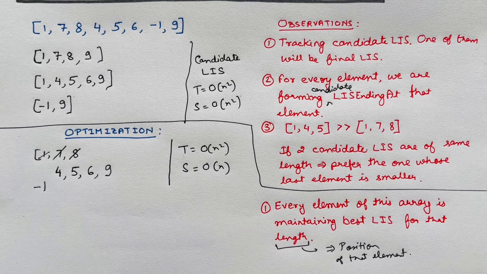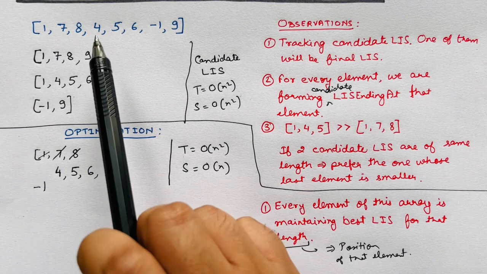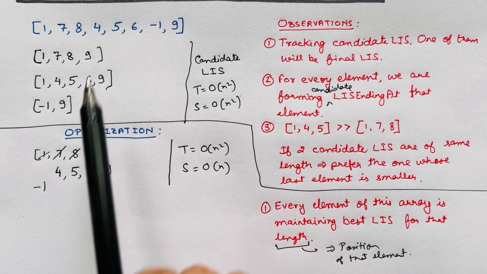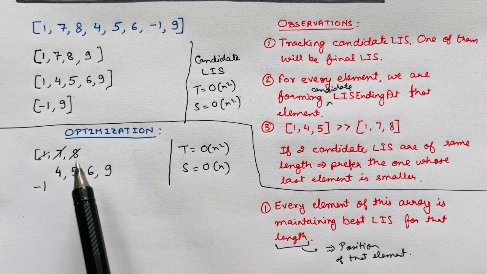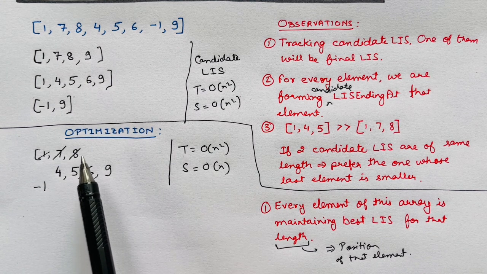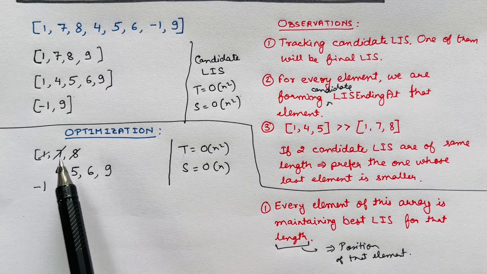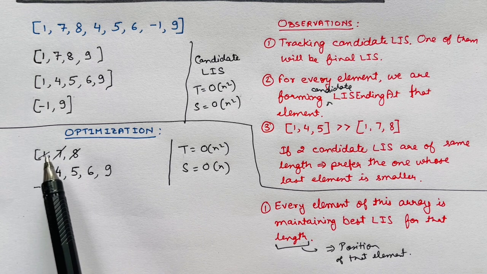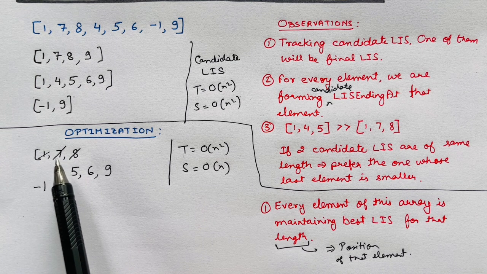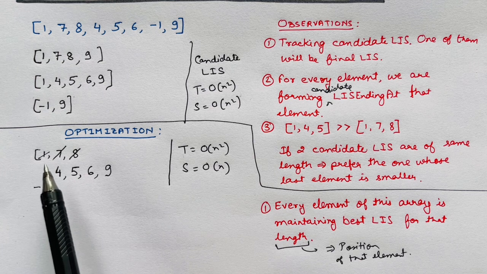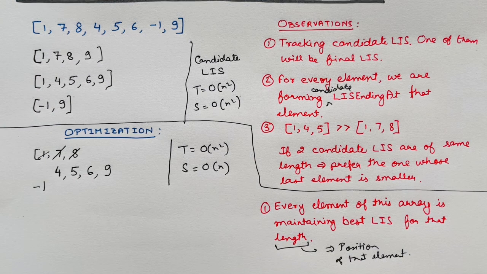Consider how did we place 4. When we were placing 4, we already had 1, 7 and 8. So we traveled from right to left, 8, 7 and then 1. When we found 1, we stopped and we put 4 right next to 1. Why did we put 4 right next to 1?